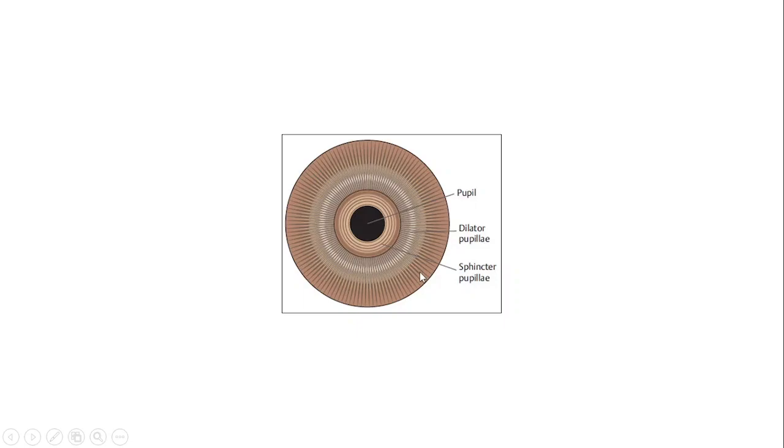So the anterior portion is the stroma, while the posterior portion, which is pigmented, is known as the pigmented epithelial layer.